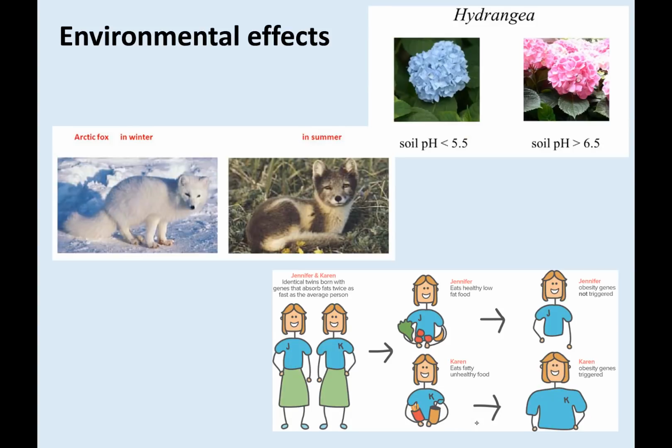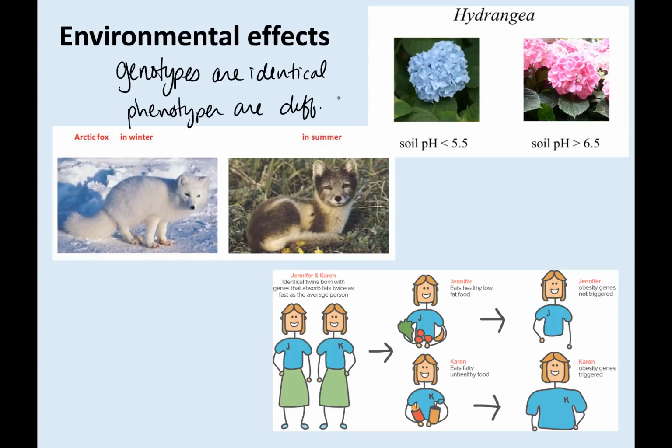And this makes a lot of sense. We see this. So what I want you to know is that the genotypes are identical, but the phenotypes are different based on the environment.